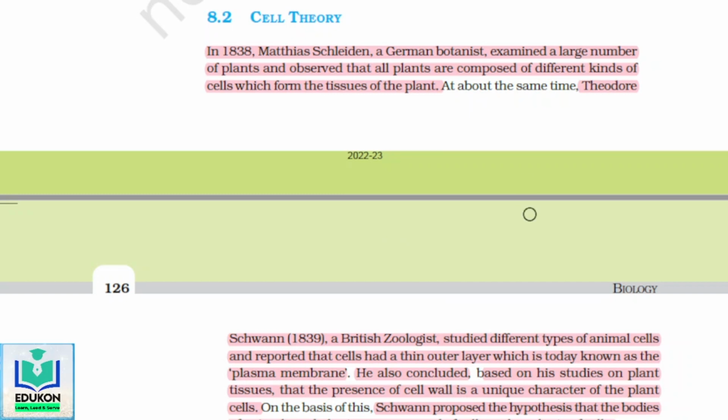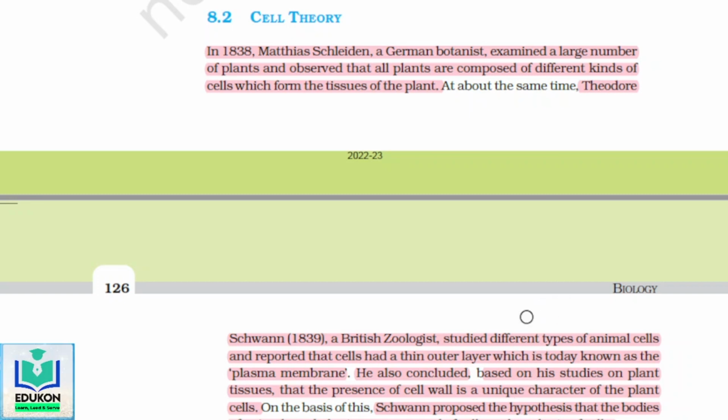The options will not be based on the names. Remember this. The options are like geologist, botanist, psychologist, some other. So here the answer is geologist, because Schwann is the British geologist. Theodor Schwann is the British geologist. So he first proposed the hypothesis that the bodies of animals and plants are composed of cells and products of cells. Remember this. It came in the NEET before.